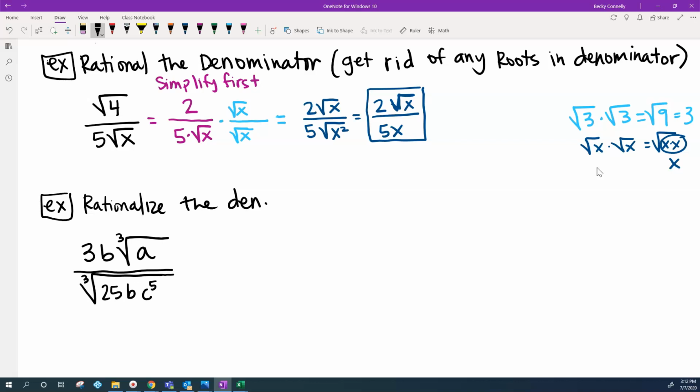Okay, so this is a little bit crazier here, right? I started off with one that was maybe a little bit easy, but I want to get to some that are maybe a little bit more challenging.